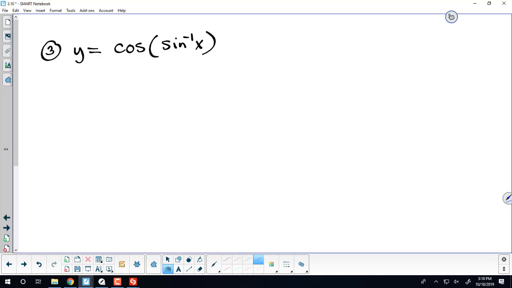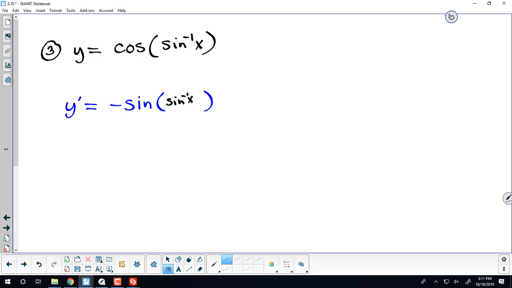So here the argument is inverse sine. When we take the derivative initially, we're only taking the derivative of the outer function, cosine. The derivative of cosine gives us negative sine. We're leaving the inner function alone, inverse sine of x. Then we do what?